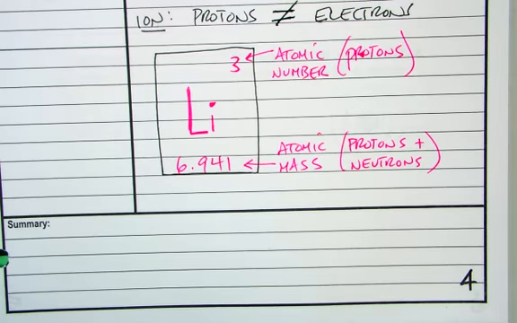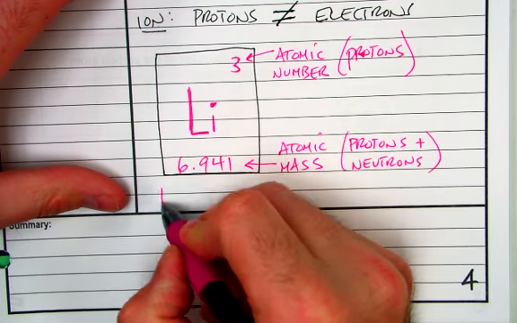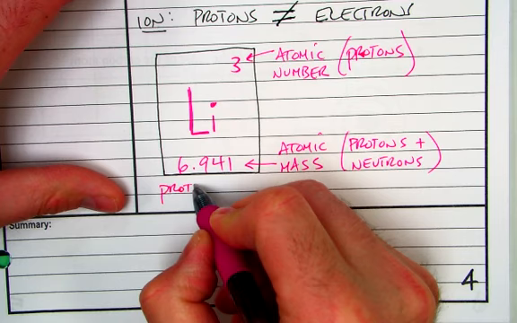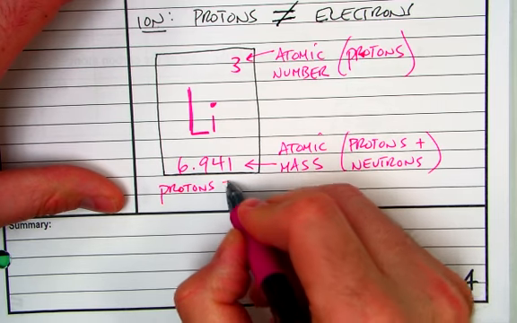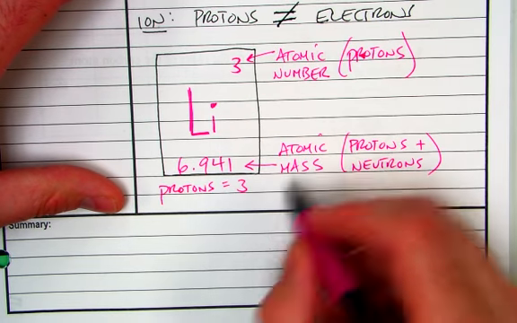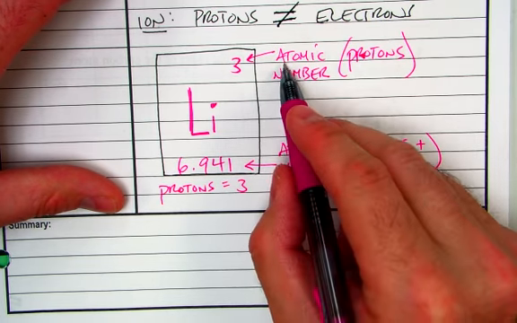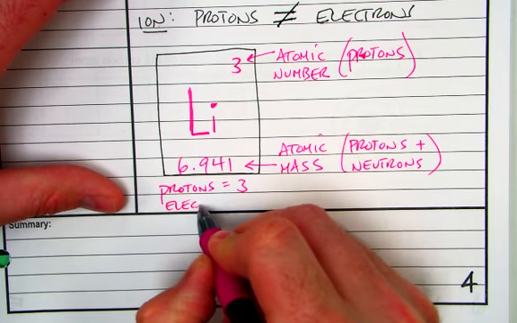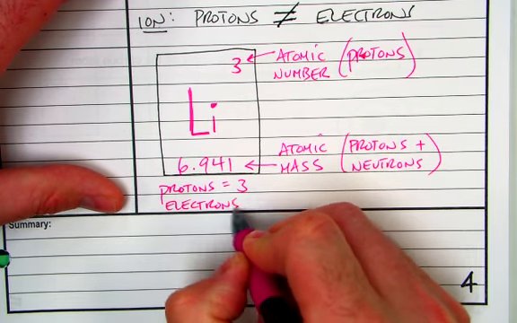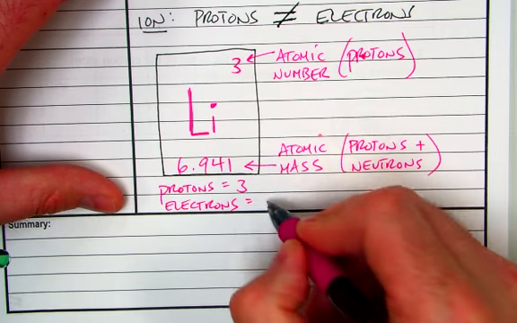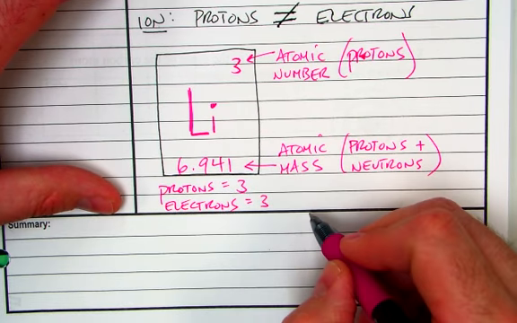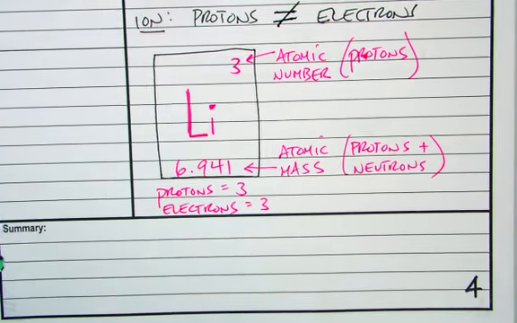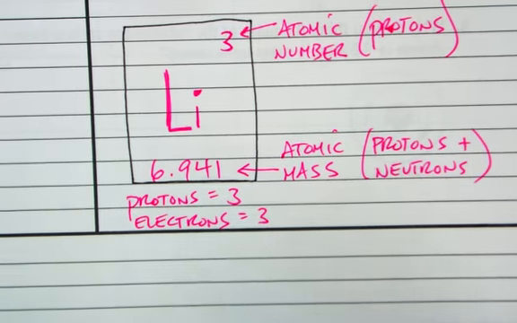Now, if I want to know how many protons are in this, I know that there's 3 protons because the atomic number is 3. If I want to know the electrons in this atom, well, the protons and the electrons are the same in an atom. So that's 3 as well. Okay, so we know that.